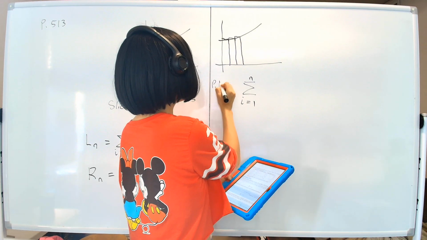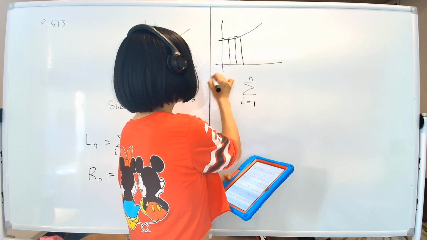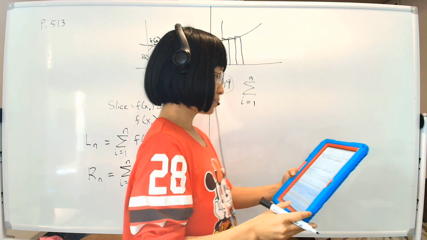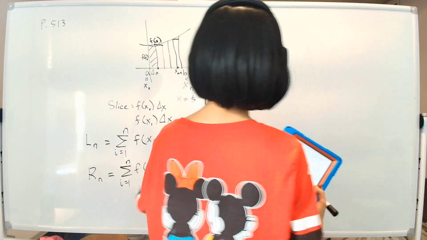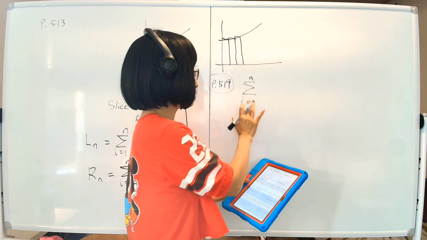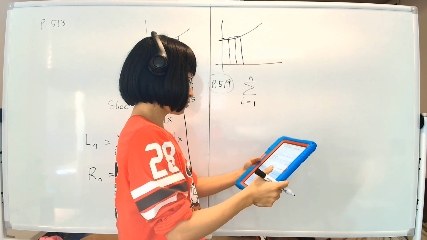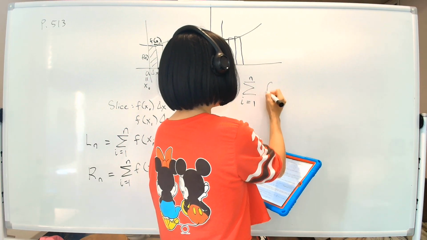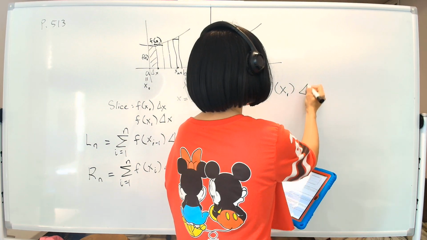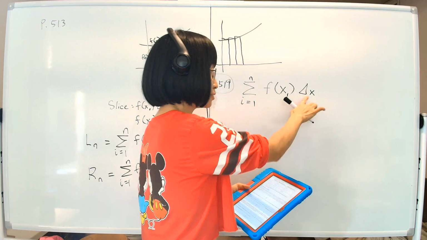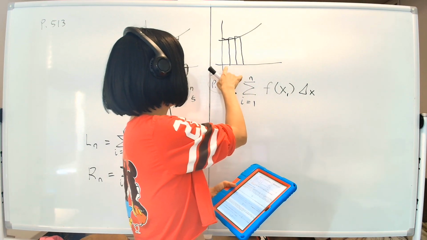What is the Riemann sum? It's almost identical to this. The Riemann sum is the summation from i equals 1 to n of f of x_i times delta x, where x_i is somewhere within that strip.